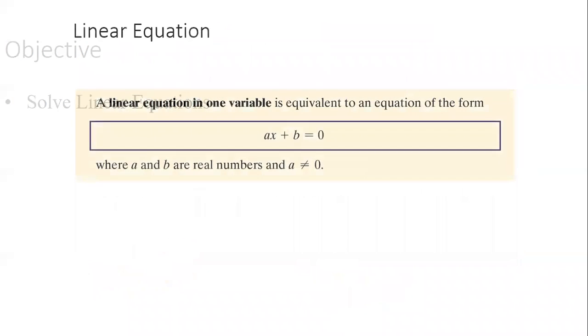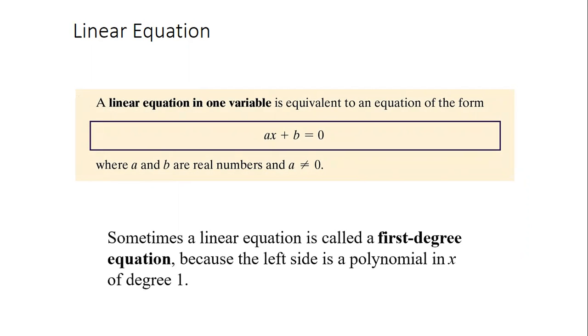So goal here, solving linear equations. Here you have a simple linear equation, ax plus b equals 0, okay? This is our traditional, pretty straightforward 2-step linear equation. Sometimes linear equations are called first degree equations, and that's because the power of your variable is a 1.